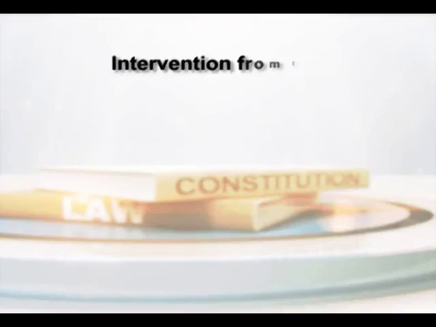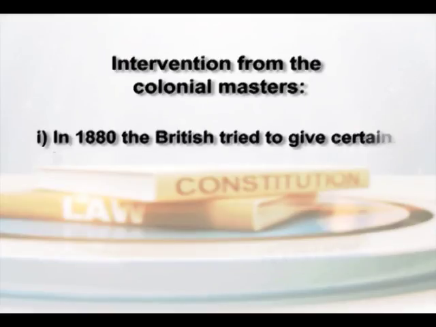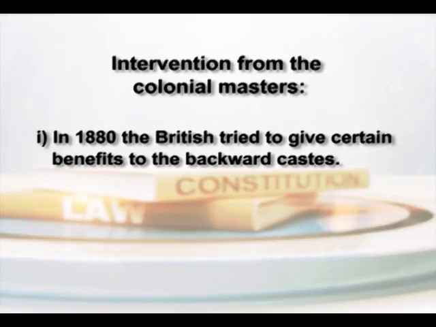So first, let us look at the kind of intervention that the British did during the colonial period. The first one was during the 1880s. In 1880, the British tried to introduce certain benefits to those people who were deprived of all kinds of education.